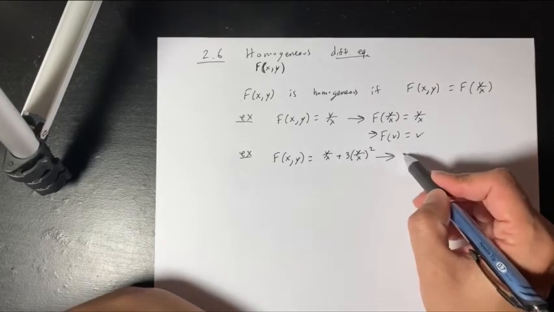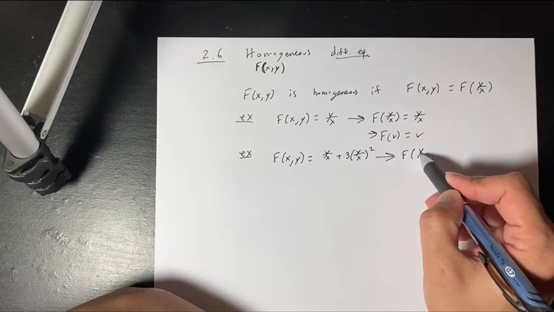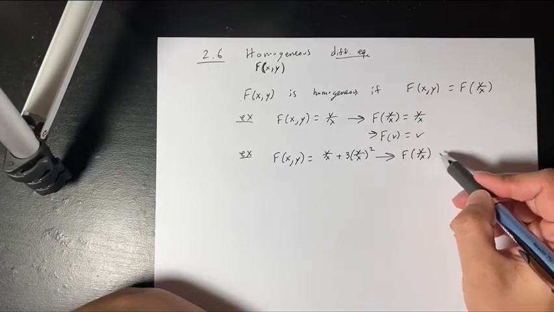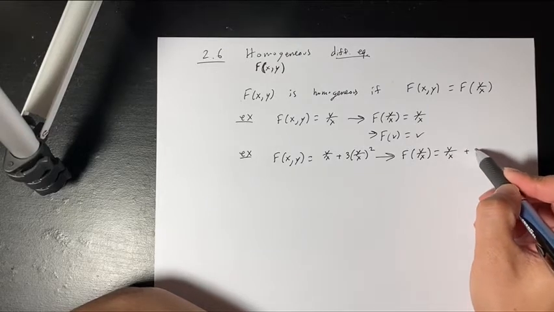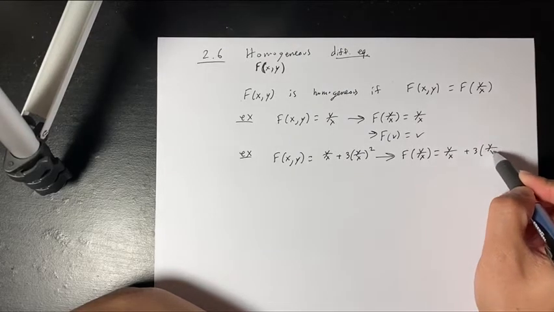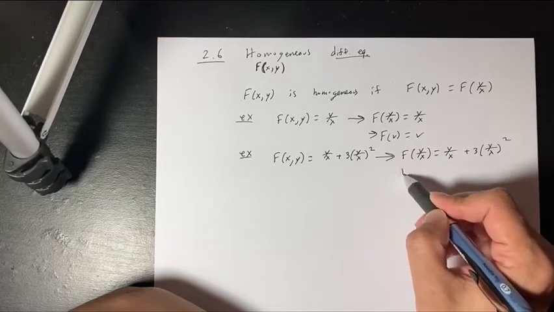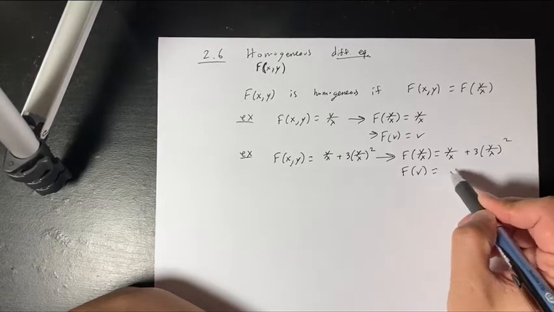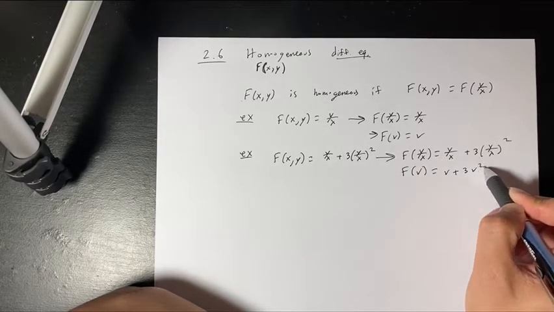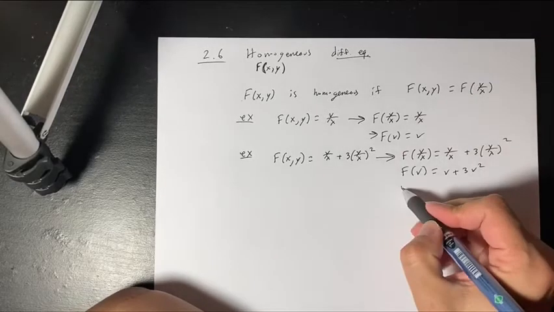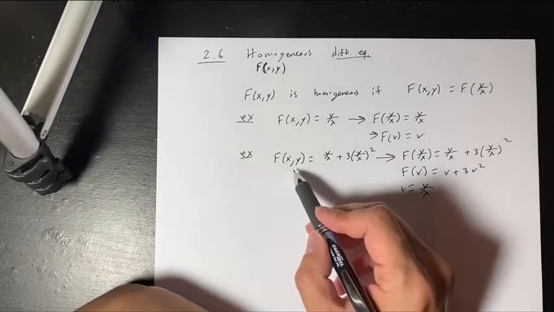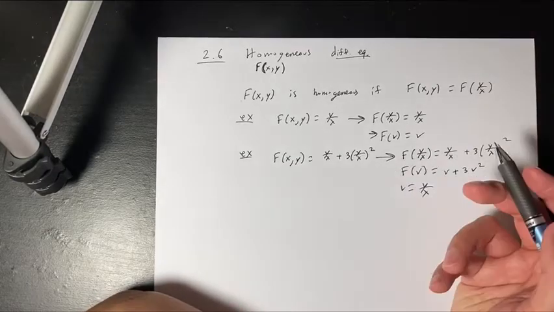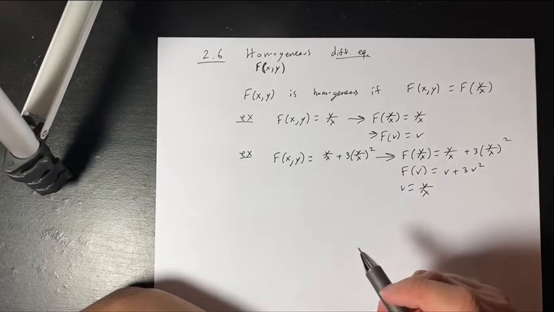I can view this as a function of a single variable, and that single variable takes on the ratio of y over x. And I can view that as f of v, which is v plus 3v squared, where v is y over x. So this is what we call a homogeneous function.